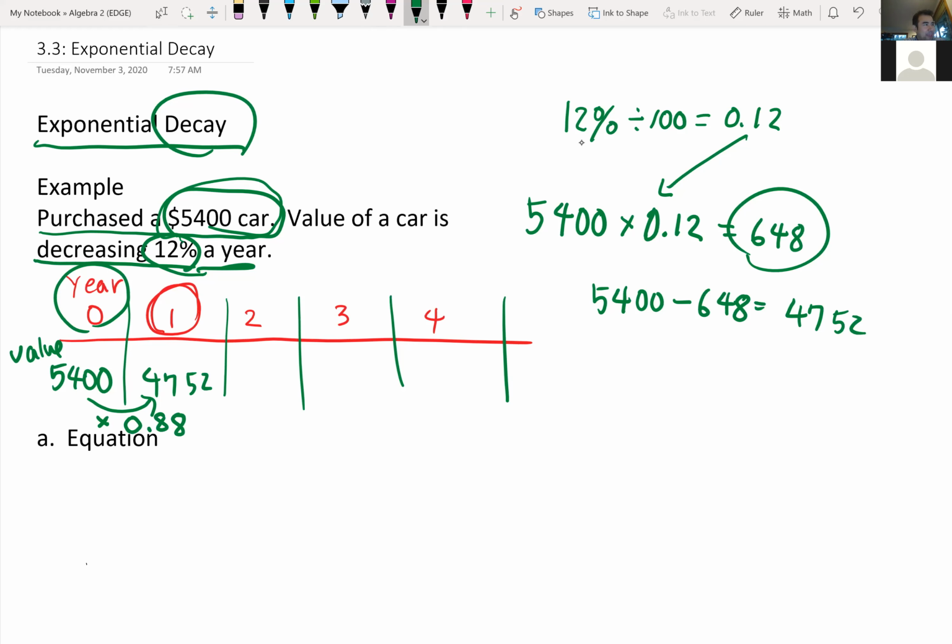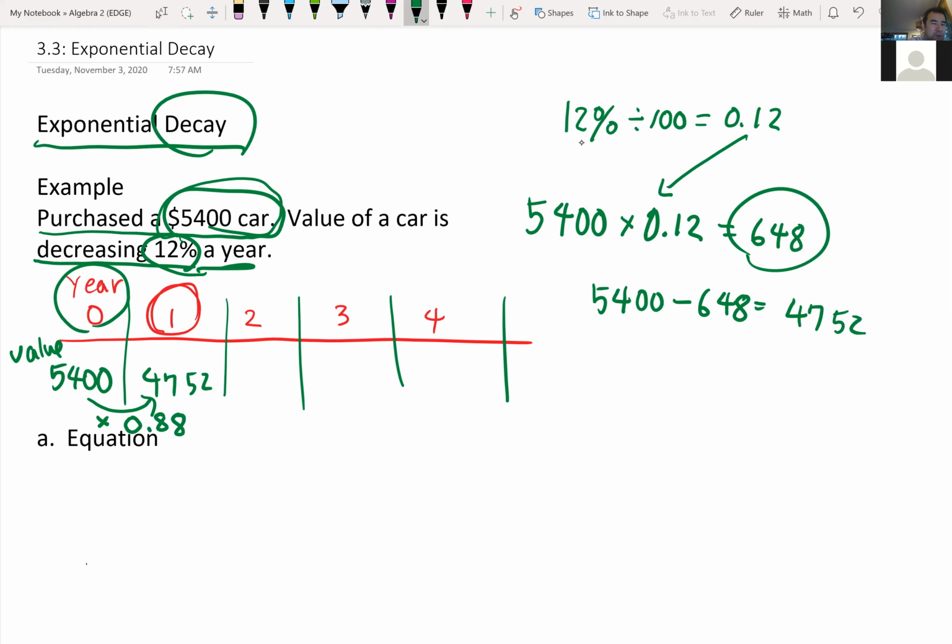And where did that 88% come from? Well, yeah, very good. It's in the chat as well. Thank you, guys. 88% comes from 100% minus 12%, isn't it? And that's exactly what you're going to do, okay?